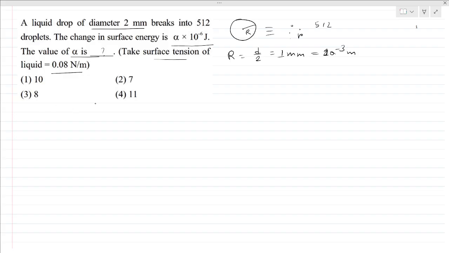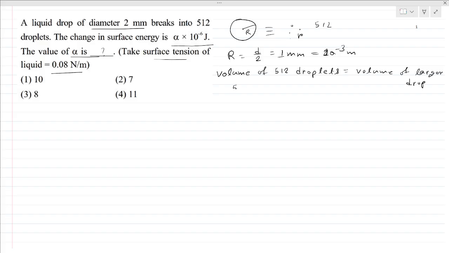Now, we can write that the volume of 512 droplets, which will never change, equals the volume of the larger drop.